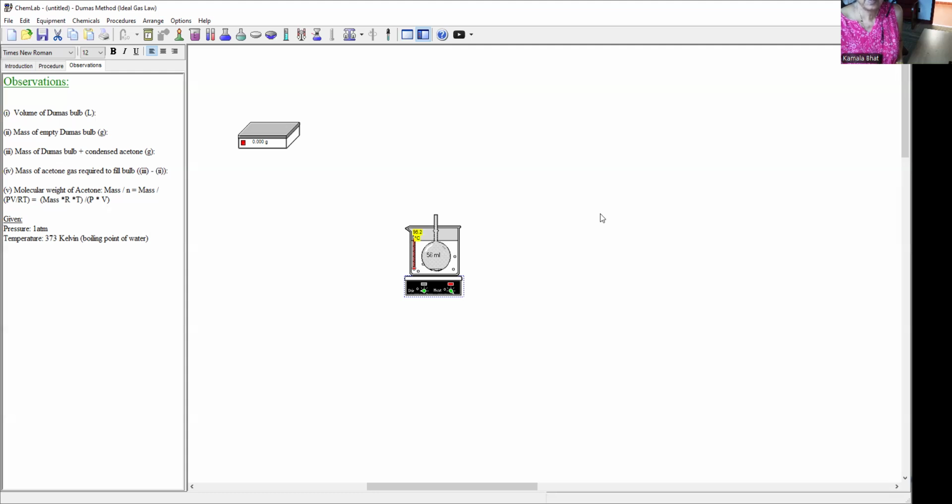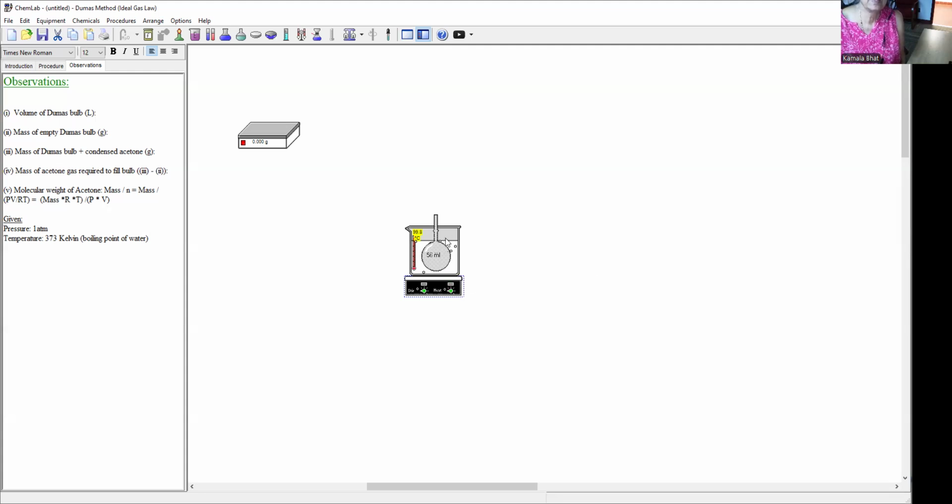And there we can see that when no more liquid remains, we can turn off the hot plate. Make sure of that. You turn off the hot plate only when you do not see any liquid in the flask. And now you can see that the flask is empty. And so you right click, go to the hot plate and say turn off the heat.